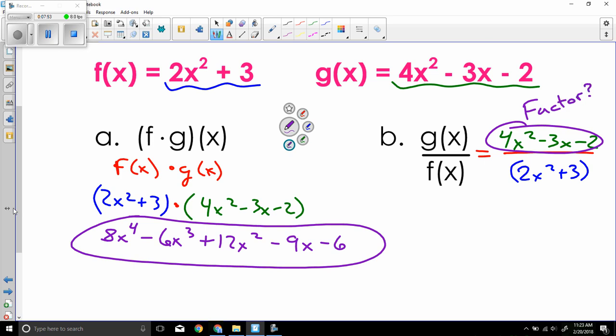Well, I don't think that there are factors of 6 that subtract to give me 3. So because there are not, this does not factor. So if that doesn't factor, then I'm just left with what it is.